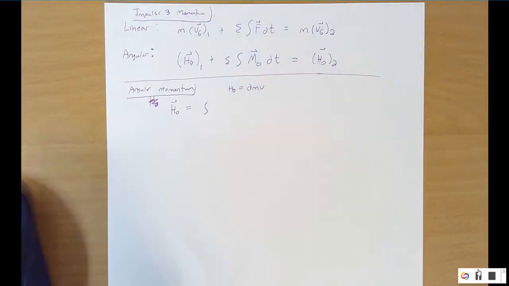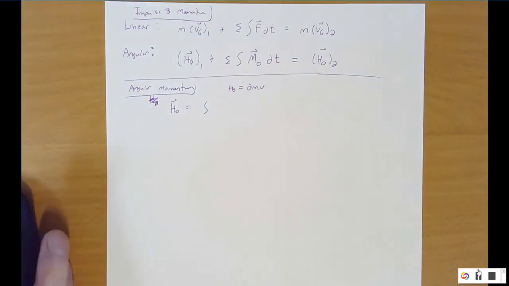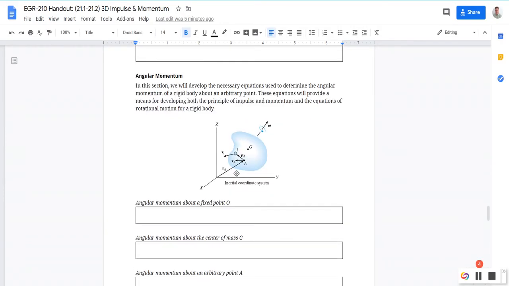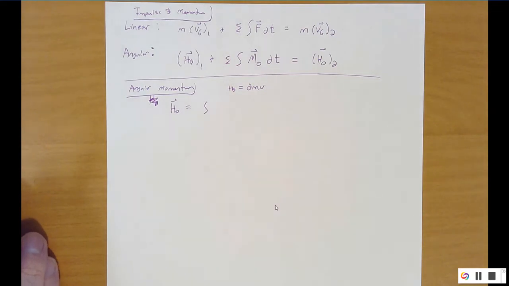So in the book, they're going to use rho, and I'll show you the diagram here. I believe I put it in here. Yeah, so there's this rho A, so really it's just a radius. So I'm going to use r, but it is not the same r as you see in the coordinate system here. But I'm going to use r just so you don't think that it's a density.